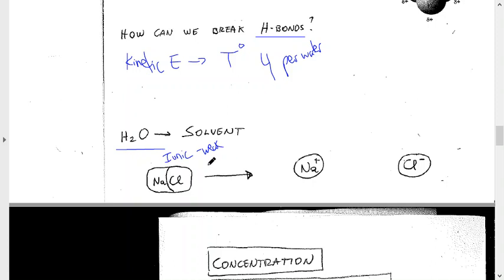Remember, your cell's cytoplasm is upwards of 90% water. Overall, in your bloodstream, etc., on average, we're 70% water. So water is the rule in biology. So what water is going to do is separate the sodium and the chloride ion. What's going to happen here is kind of cool.